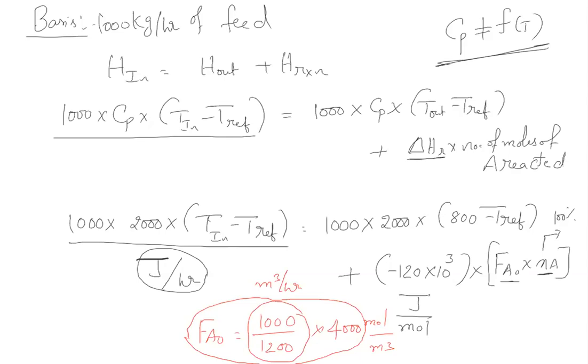So what is FA naught? FA naught is nothing but moles per hour. How do you get moles per hour? Your feed rate is 1000 kg per hour. I converted 1000 kg per hour to meter cube per hour by dividing by 1200, the density. You got meter cube per hour. Meter cube multiplied by CA naught, which is moles per meter cube.